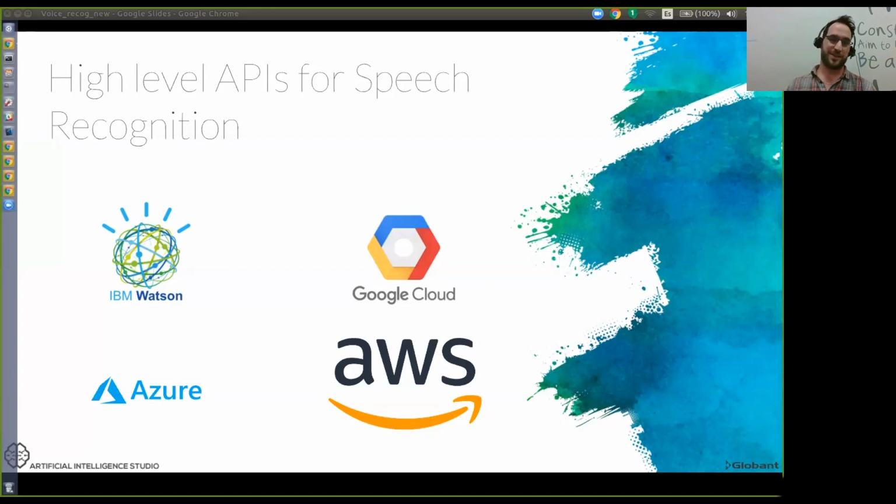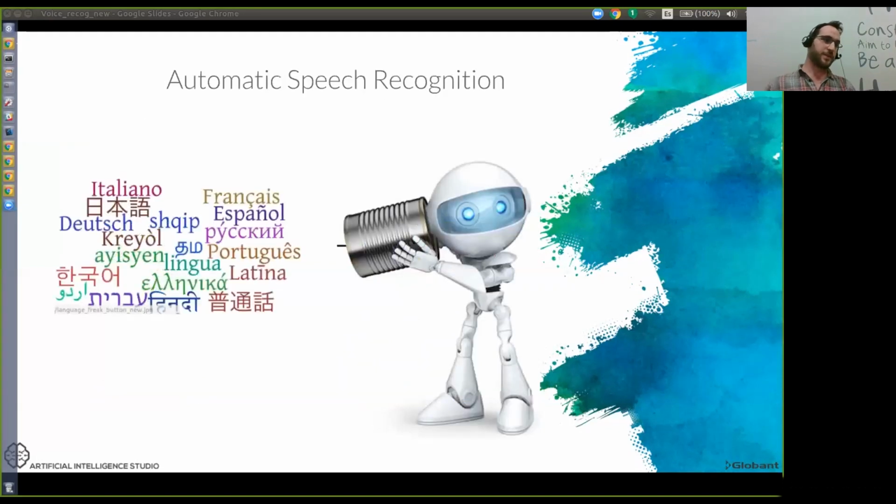So we recommend you go to the big companies which provide services for these kinds of things, which are the known ones: IBM Watson, Google Cloud, Microsoft Azure, and Amazon Web Services. Some of the services are, of course, automatic speech recognition in over 150 languages. That's quite a lot.